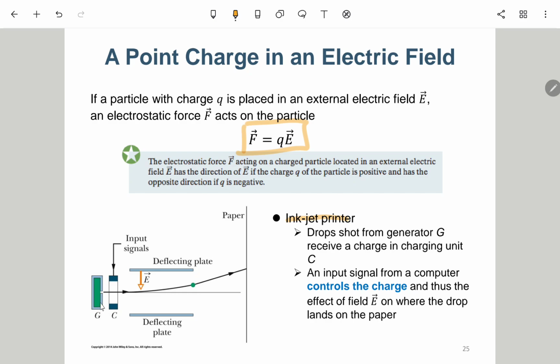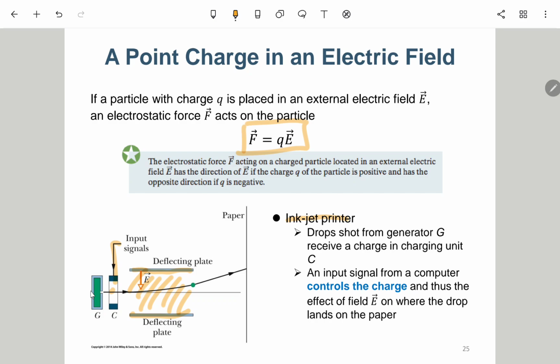Actually, we would like to control this charge amount here. We will try to generate a uniform E field at least in this region, and then add some charge to a drop of ink at this point.